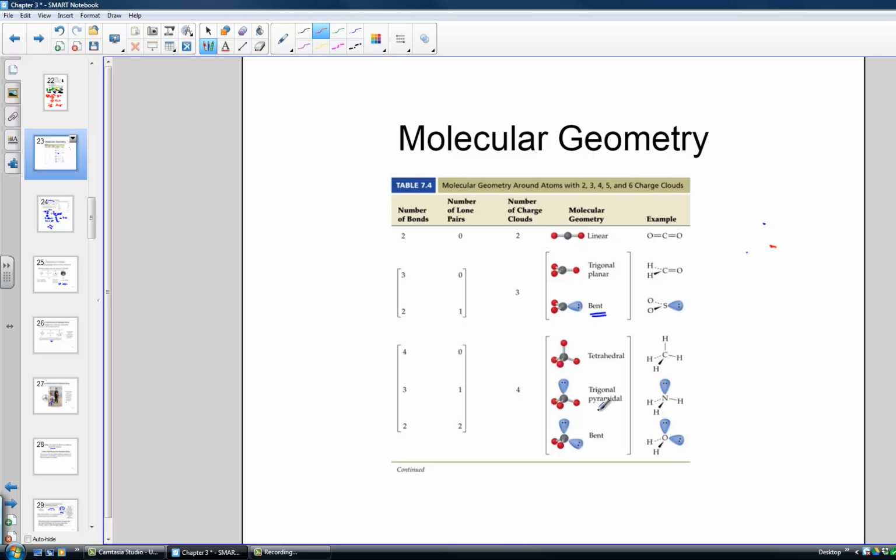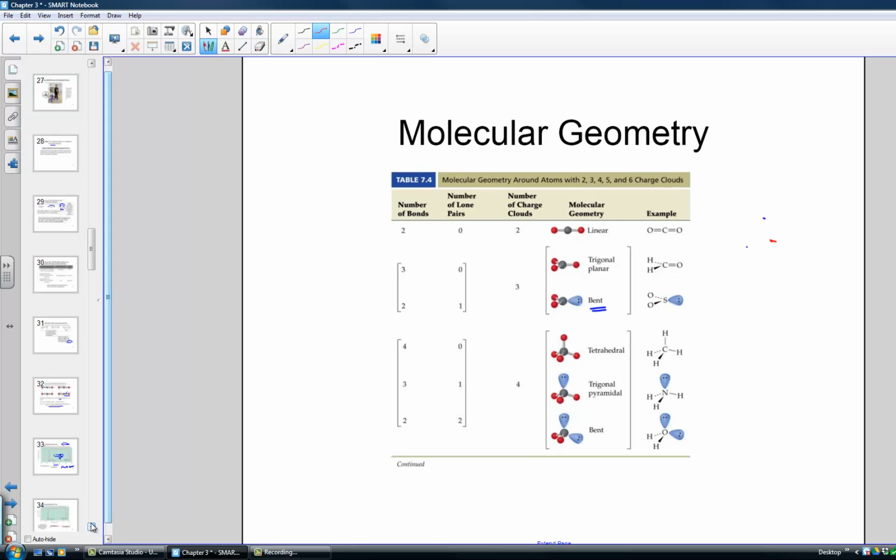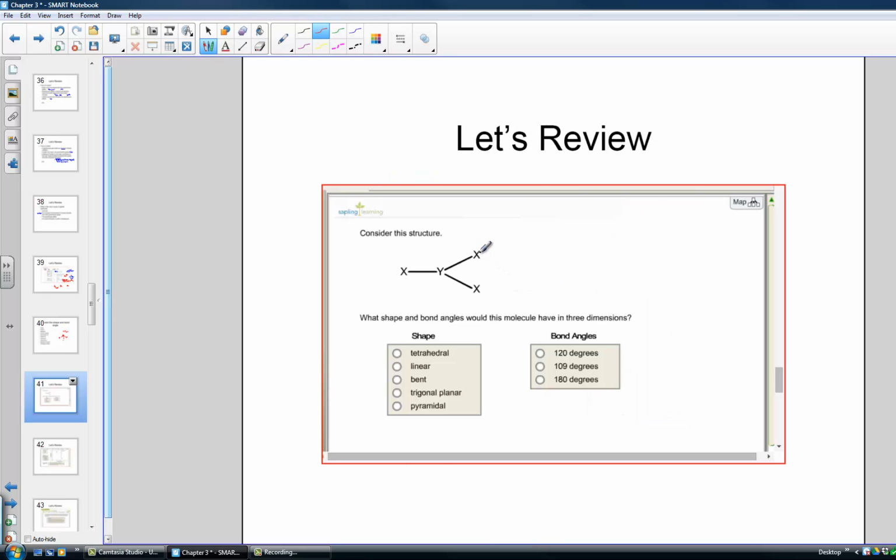What geometry am I looking at? So I saw 3 domains. All 3 were bonded to something. I can see it's called trigonal planar, like an equilateral triangle. So the bond angles would end up being 120 degrees. So here I have 120 degrees, and the molecule would be trigonal planar.